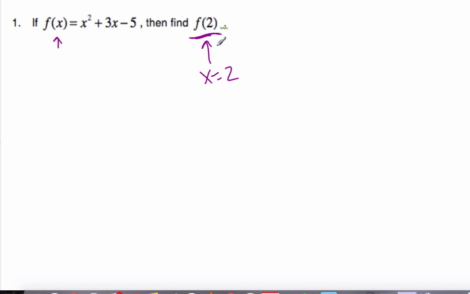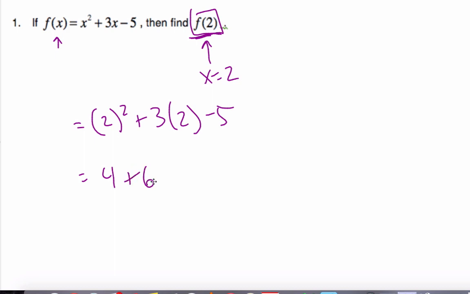And so x is 2, and the whole calculation when I'm done will be what the y value would be. And so when I have f at 2, I'm going to plug in 2 for all my x's. So f at 2 is simply 2 squared plus 3 times 2 minus 5, which is then just doing the arithmetic, ends up being 5. And this is what f at 2 is.